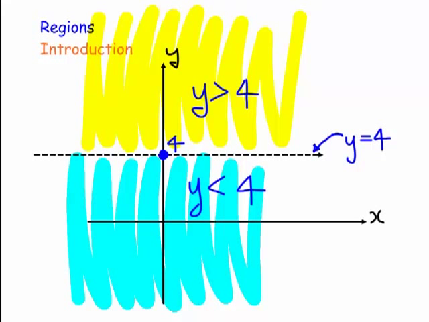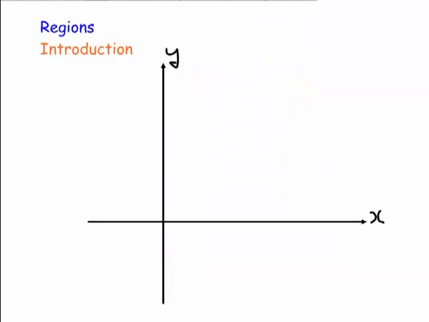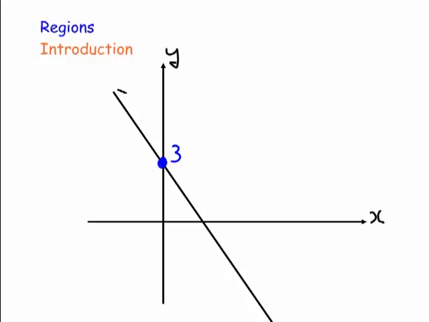Now what happens when I start to change my lines from horizontal or vertical to inclined lines, normal equations of lines? We'll have a look at that next. Let's draw a line, some sort of line here. Let's make this point here, say 3, this point here, say 2.